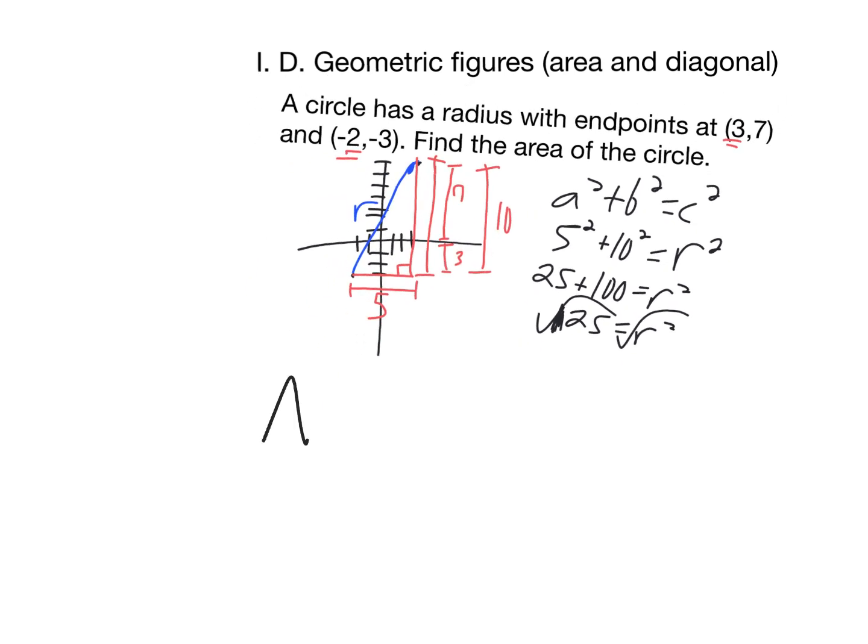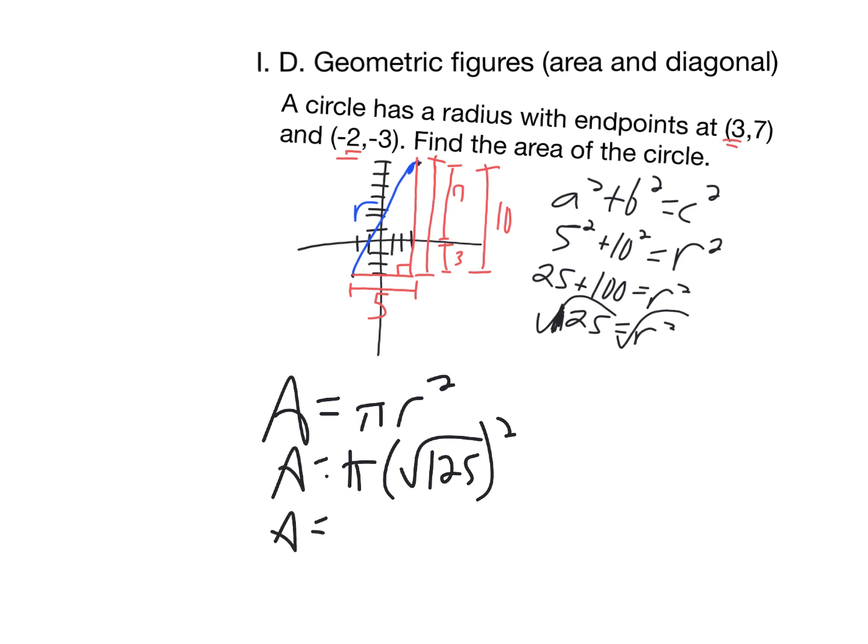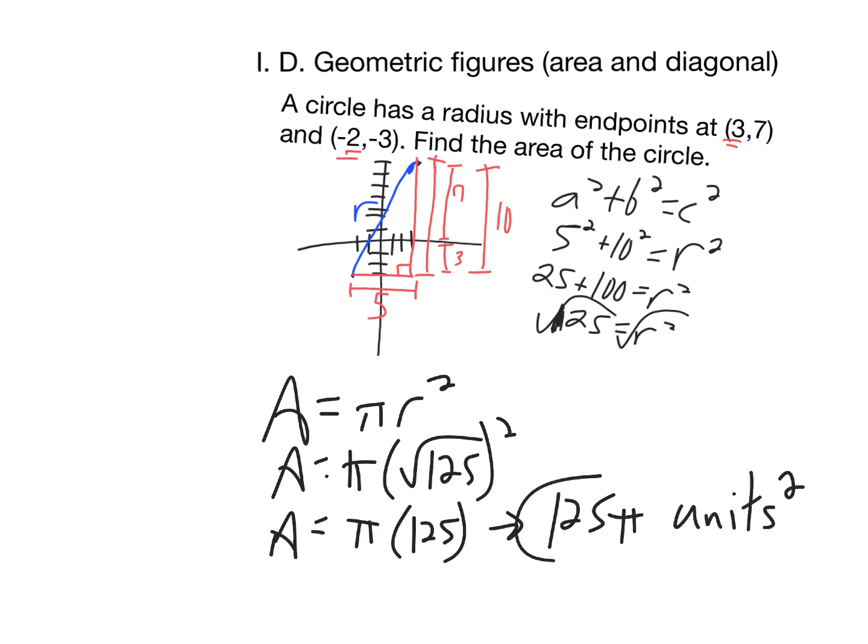And then the area of a circle is pi r squared. So pi times the square root of 125, squared. And then basically what happens, the square root and the square cancel out. So that would be pi times 125, or 125 pi square units is the format that they listed their answers in.